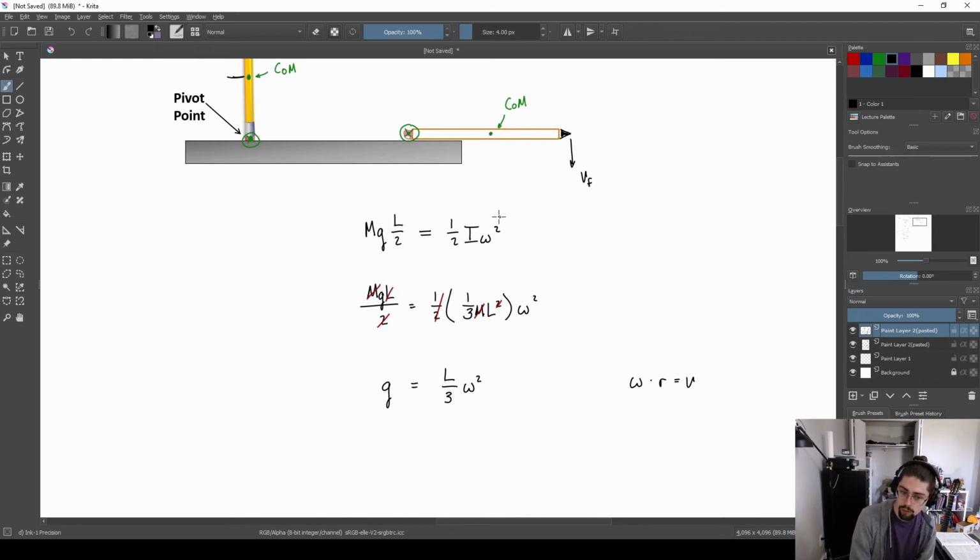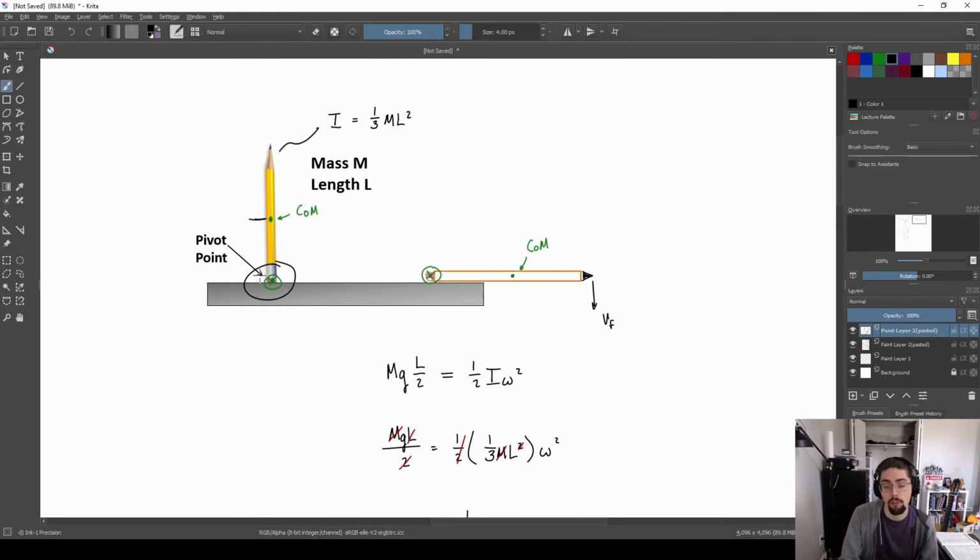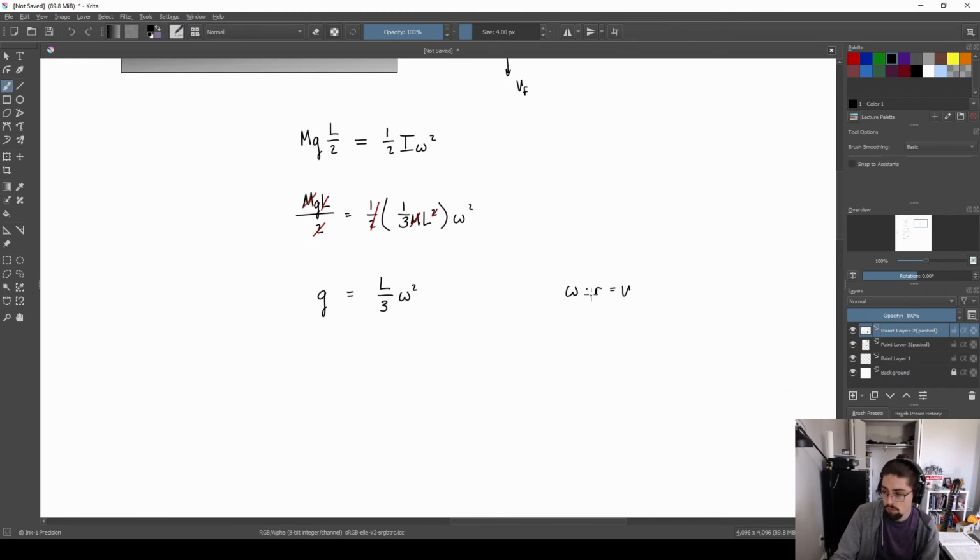I wouldn't say L over 2 because my radius from the center of mass, L over 2, I would agree with that. But we are not spinning around our center of mass. We're spinning around this pivot point here. So our distance is the full L out to the tip. That's the circle that actually is spinning in place here. So replace this, not R, L.